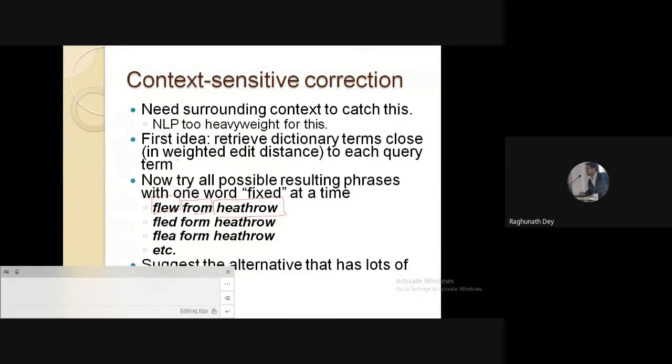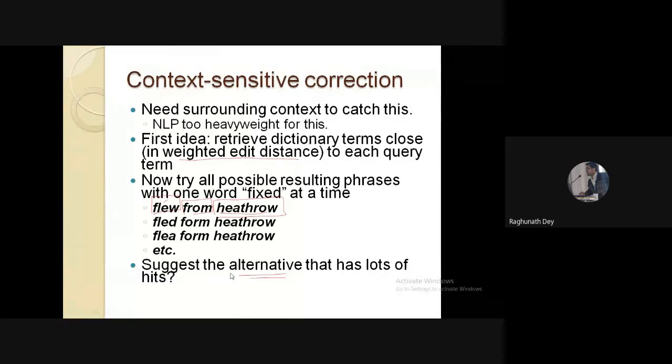So we can maintain a weighted edit distance matrix. If this is wrong, it is similar to which one? If this is wrong, it is similar to this one, and if this is wrong, it is similar to which one? And then you find the correct terms or words, though they were misspelled by the user. Then you suggest the proper response, proper query. You can suggest some correct alternative, or else whichever alternative you suggest may have the highest hits or very large hits.